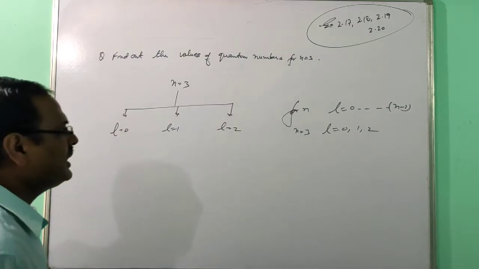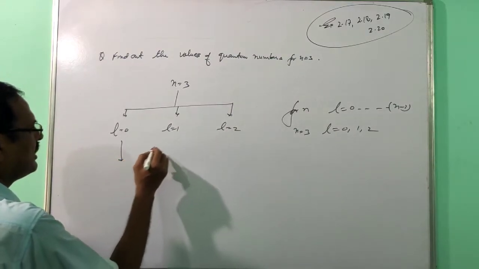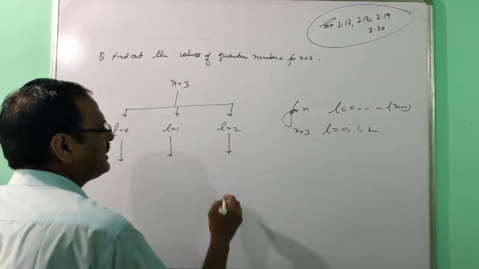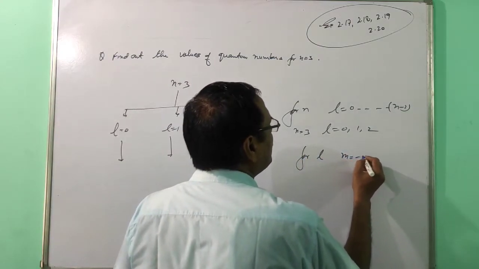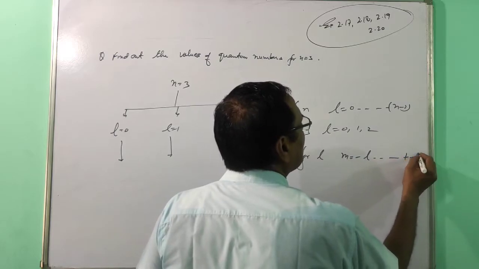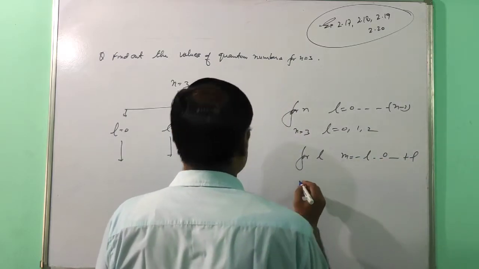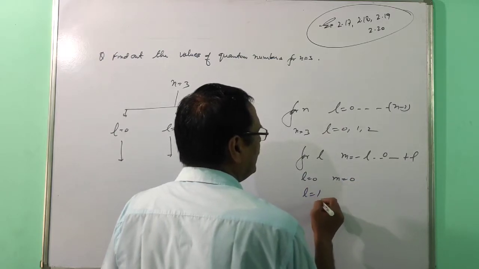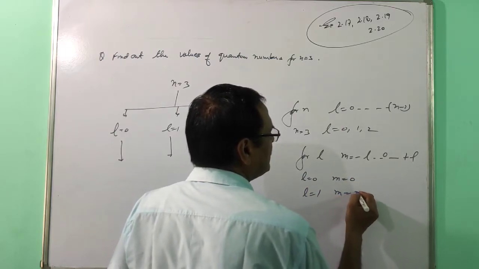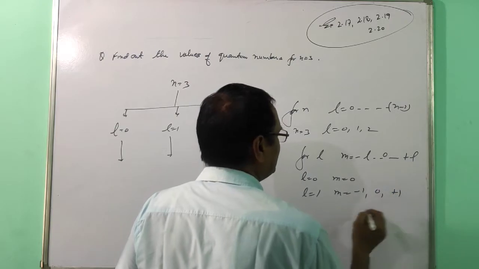Then next, value of m. How can you get value of m? You have studied for l, m is equal to minus l to plus l including 0. So when l is equal to 0, m is equal to 0. When l is equal to 1, m is equal to minus 1, 0, plus 1.